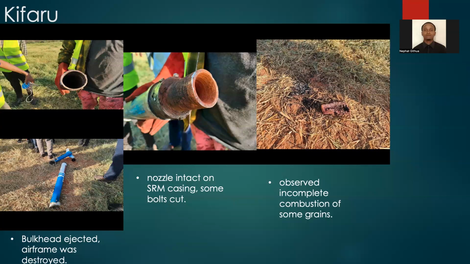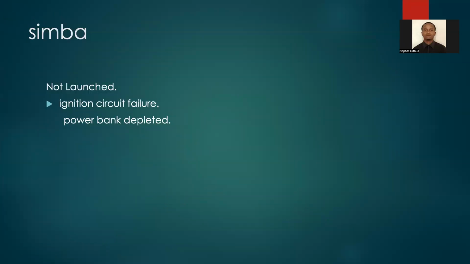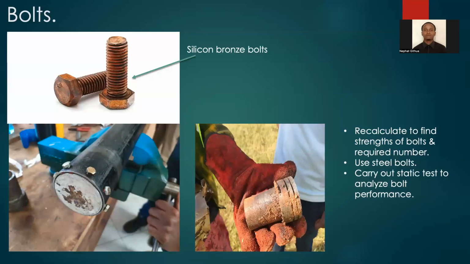The bulkhead was ejected. As you can see on the bottom left corner, it really damaged the airframe. Next slide. For Simba, we were not able to launch, one because of the power bank and also because of time. Next slide.